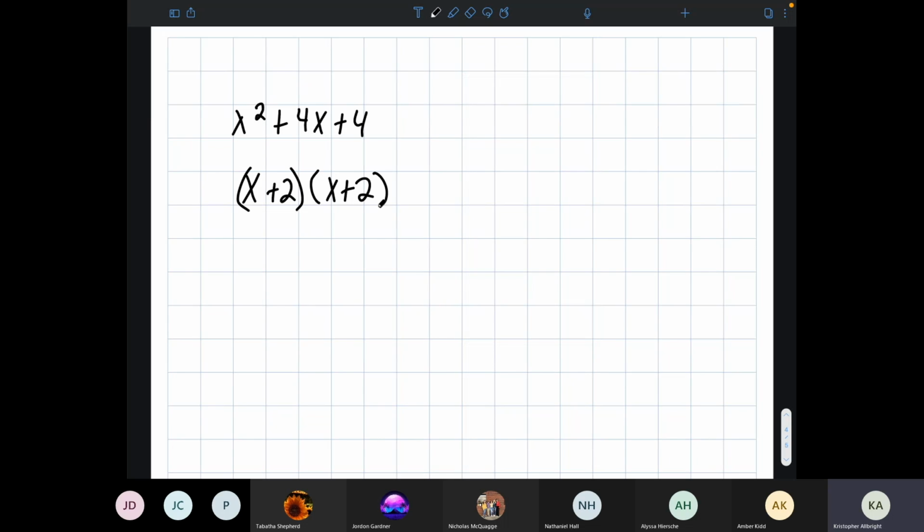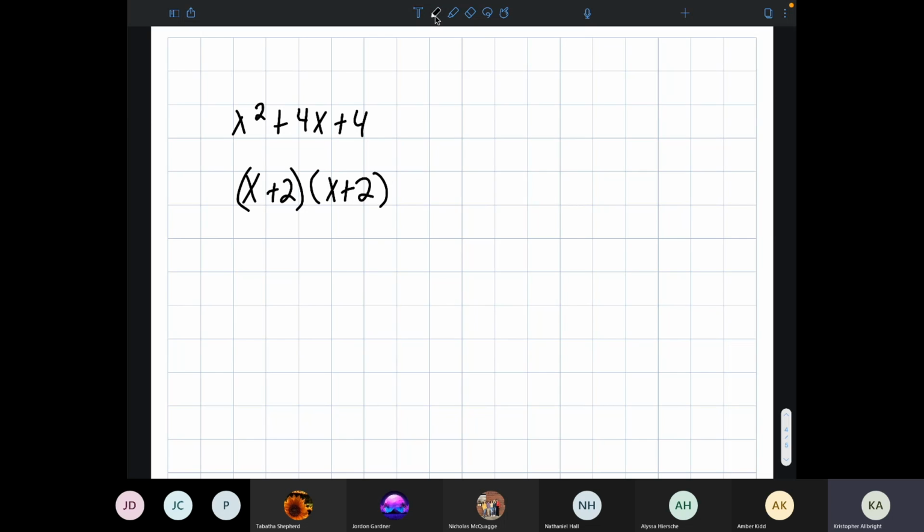There's a whole heap of reasons that this is better than this. So our goal is to get from this first step down to this step, because all we know is how to get from here up to here. We just do that by the FOIL method. But going backwards is factoring.